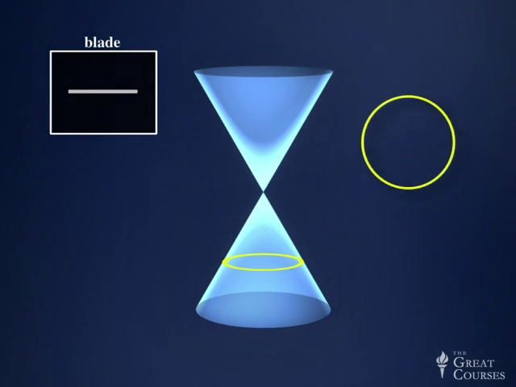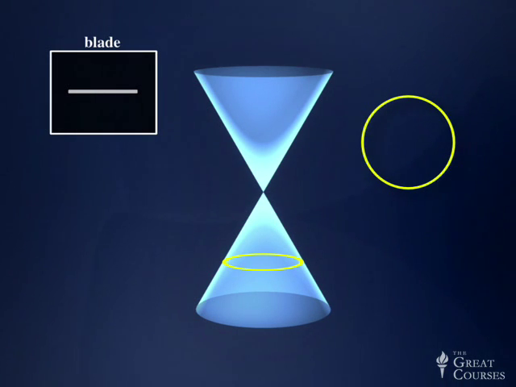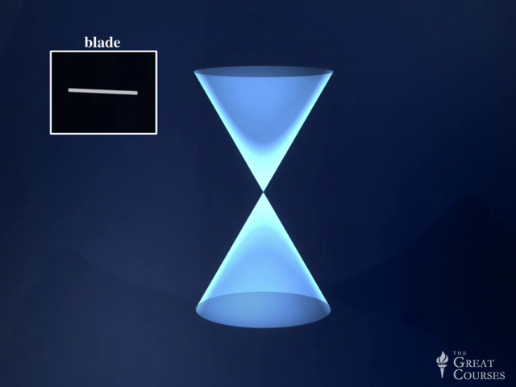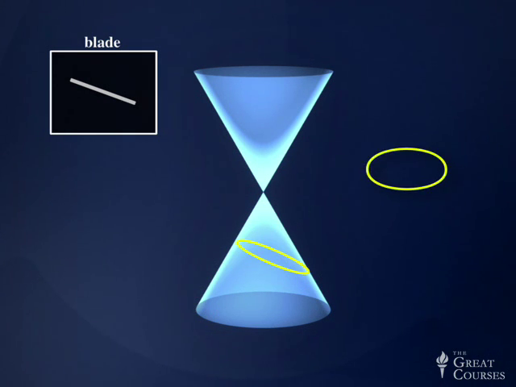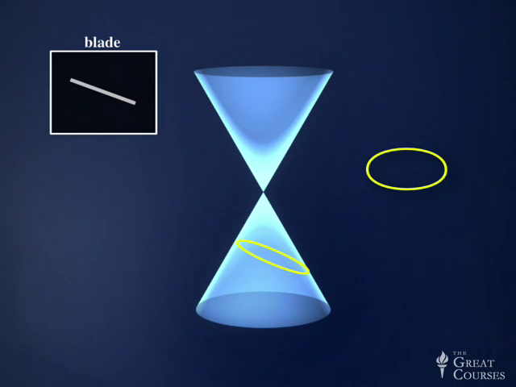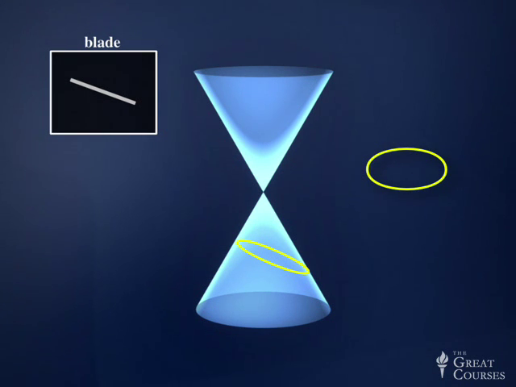If you change the angle of the blade just slightly and you cut across one of those cones, then you'll stretch that circular cross section into something that looks a bit more oblong, almost football shaped. It's not football shaped, but it is a bit stretched out. And each of those cross sections are called ellipses. A single one is called an ellipse. And I'll talk a lot more about circles and ellipses in the next lesson.